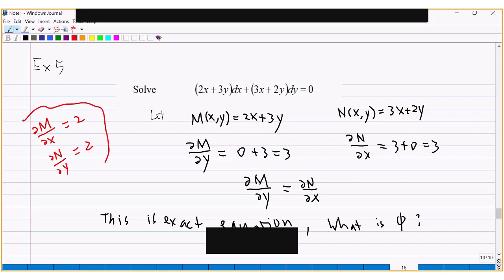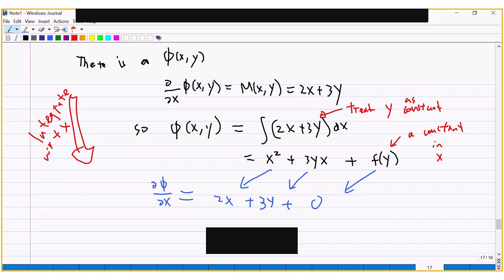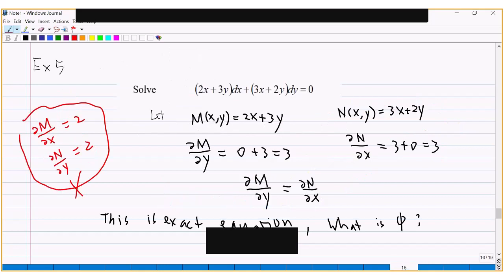But this doesn't tell you this is exact. This is not correct. Although they are equal, they are equal in the wrong sense, because it doesn't tell you that they are exact. This does not imply exact. So you must make sure that you do a correct differentiation.